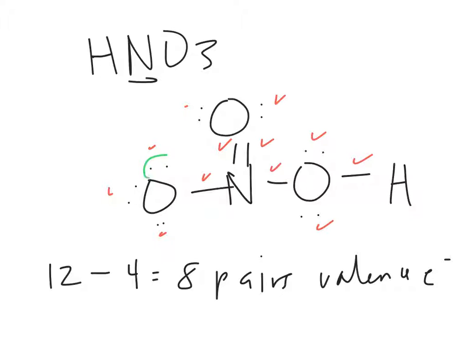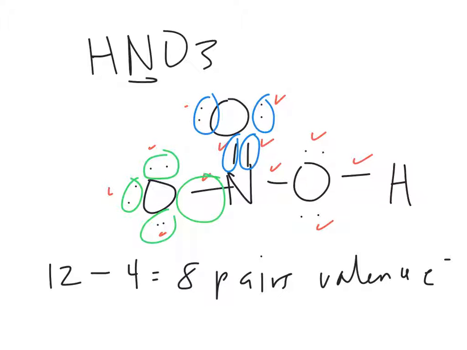So this oxygen has 2, 4, 6, 8. That completes its valence shell. This oxygen has 2, 4, 6, 8 with this double bond, so that completes its valence shell. And this oxygen has 2, 4, 6, 8. And then finally, our nitrogen also has 2, 4, 6, 8.